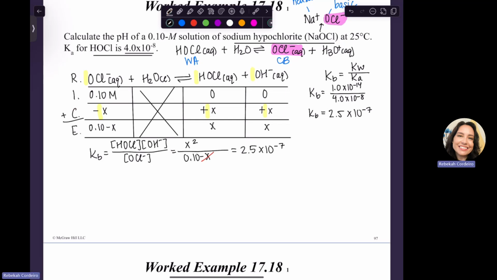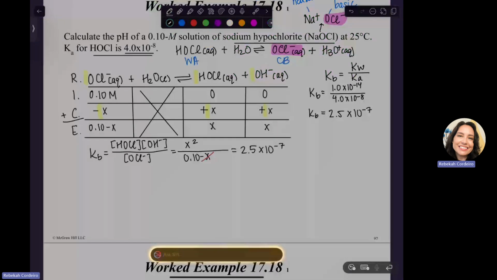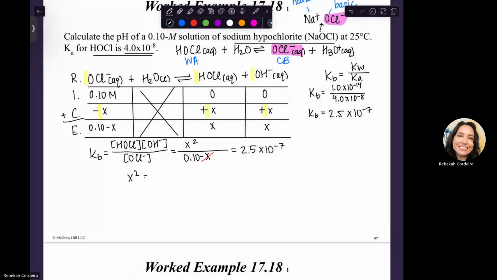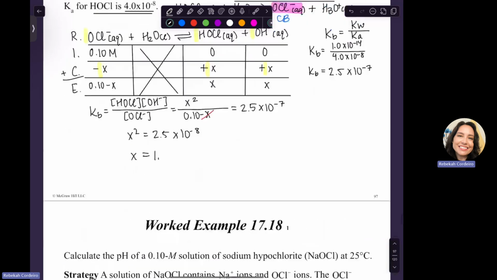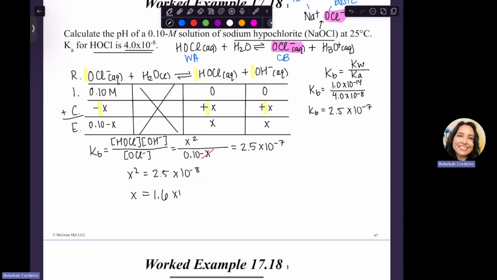So we'd be multiplying both sides by 0.10. So you're going to get 2.5 times 10 to the negative 8. And then we would square root both sides. We would get 1.6 times 10 to the negative 4 as my X.